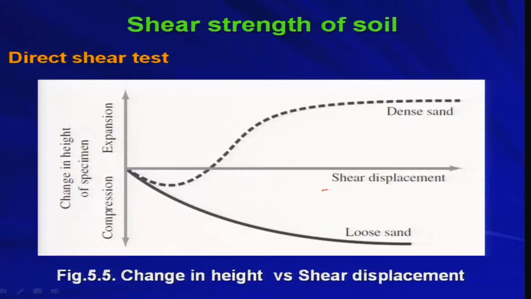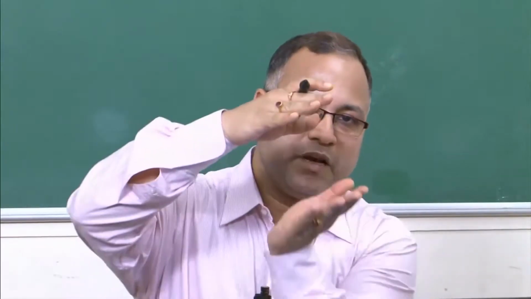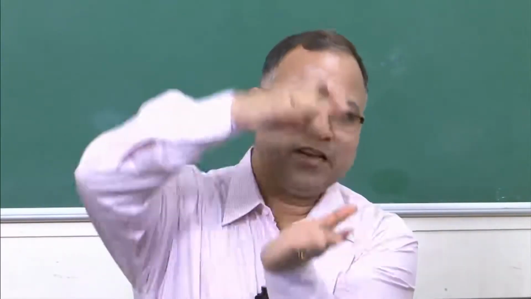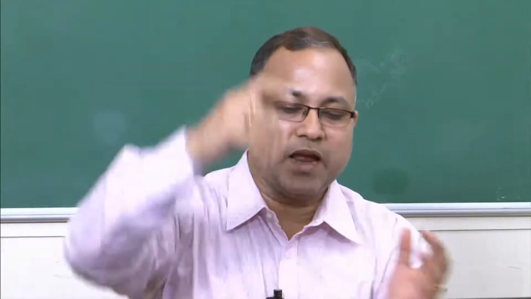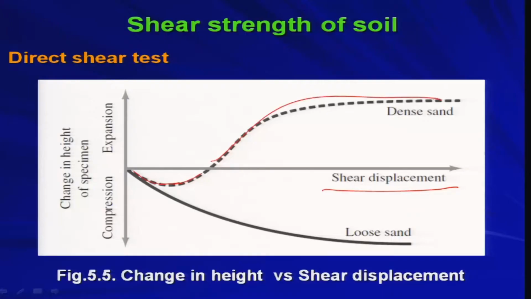As you progress the shear displacement, as you apply the shear force, the dense sand will first exhibit some reduction or compression in volume, which means the material will be compressed, and then it will dilate, it will expand, and this expansion is shown like that. Whereas in case of loose sand, it is always compression, that means the volume you considered initially will get reduced as you are shearing it.